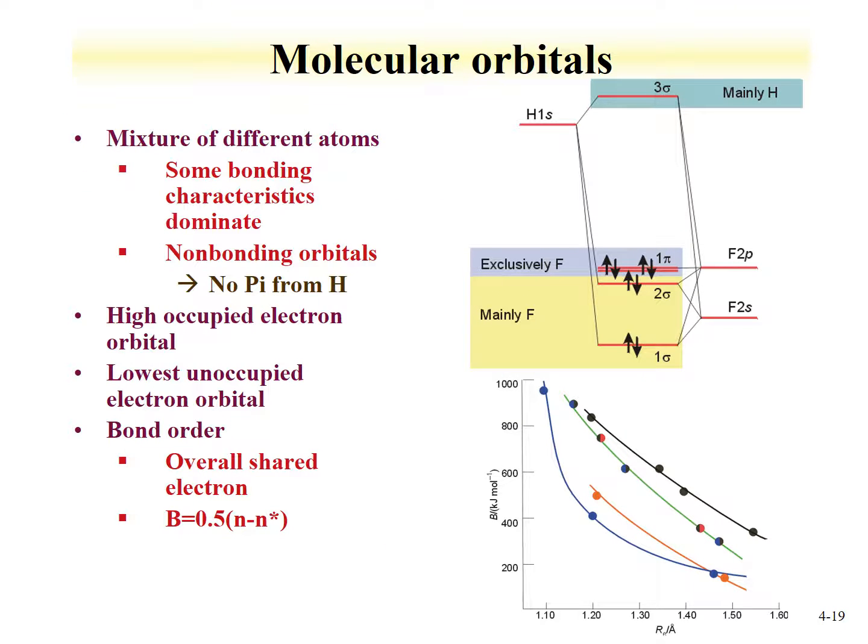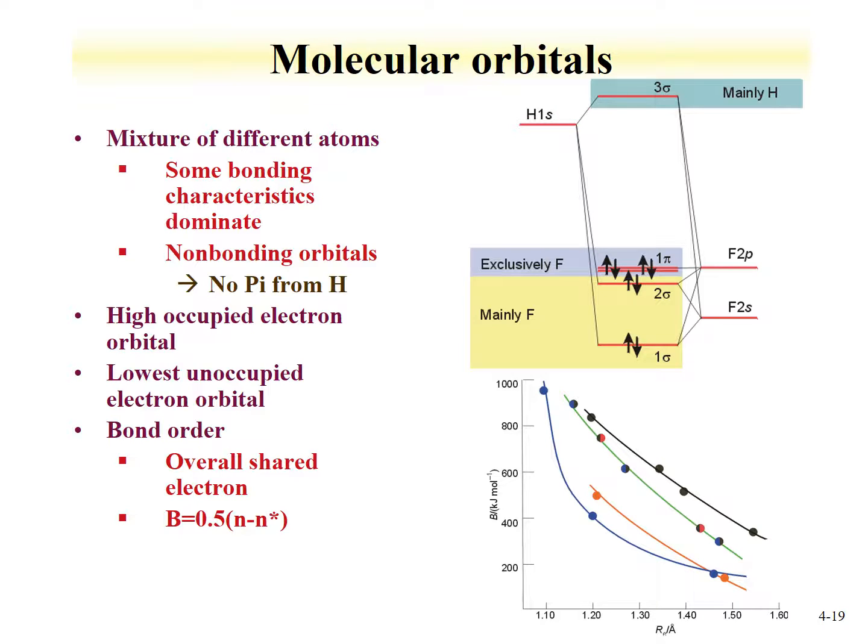The examples we just discussed were fairly straightforward, being diatomic molecules. Now we'll look at some where we have mixtures of different atoms. This is bonding between fluorine and hydrogen. We see that we get orbitals where the energies are much closer to the fluorine, some that are exclusively fluorine, and much lower energy for the hydrogen bonding.